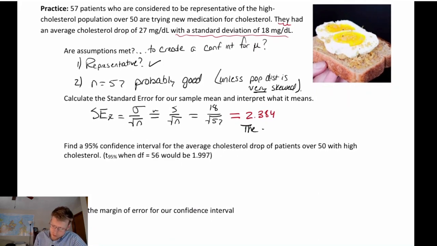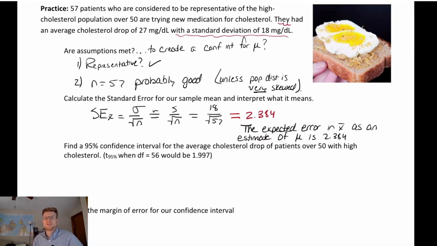That means that the expected error in x bar as an estimate of mu is 2.384. Now that's not a contextual description, that's just a very generic interpretation.